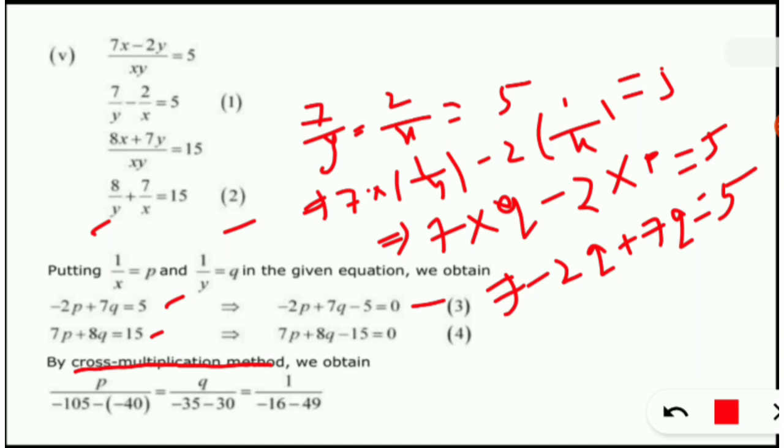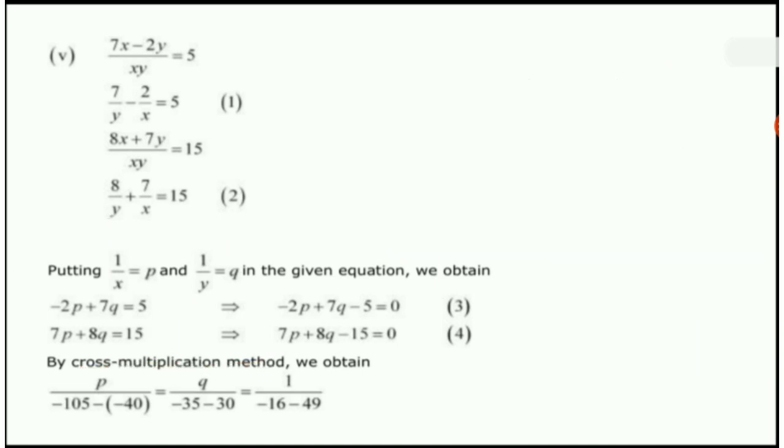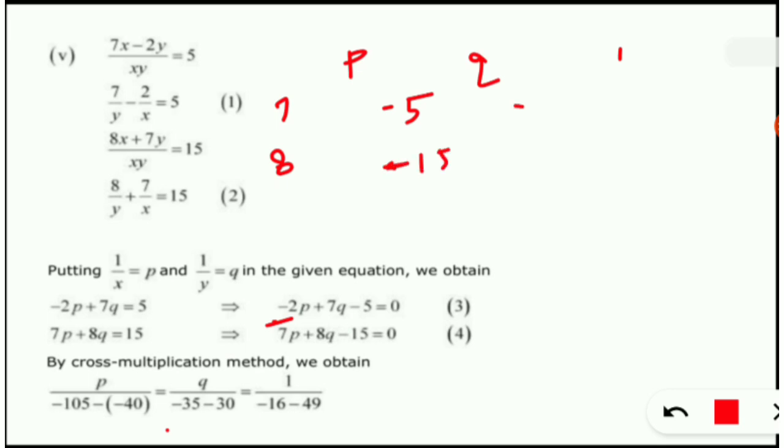So p divided by minus 105 minus of minus 40 equals q divided by minus 35 minus 30 equals 1 divided by minus 16 minus 49. For p, we neglect the coefficient of p, that means we take 7, 8 and minus 5, minus 15.